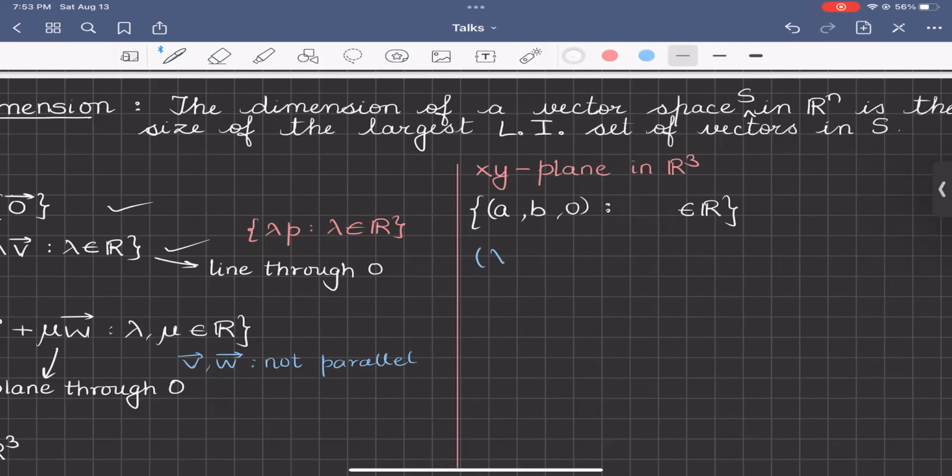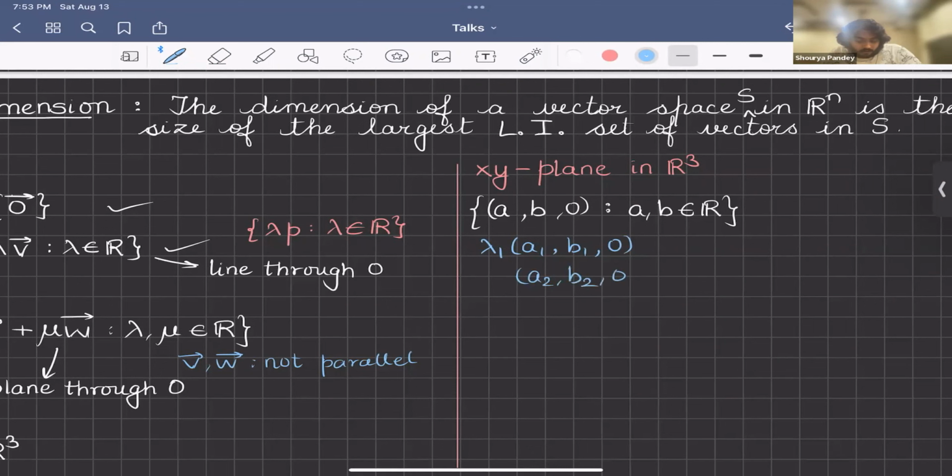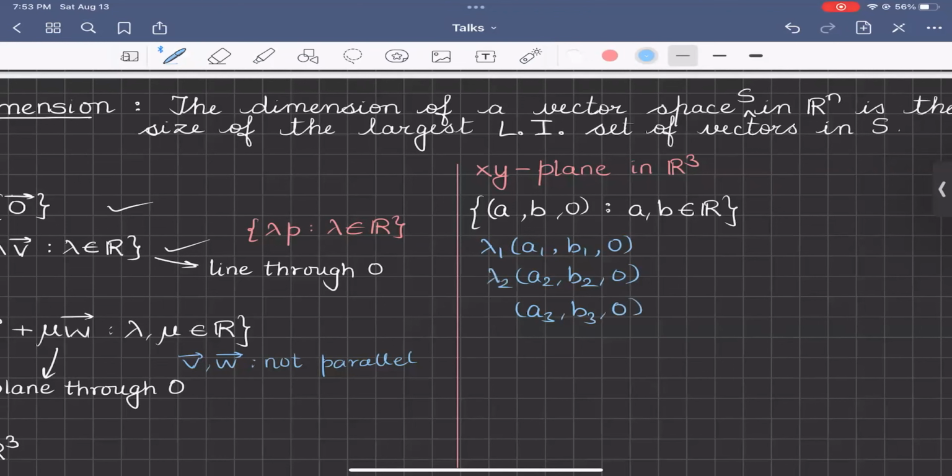Suppose we have three vectors such that there will be 3 variables and 2 equations. You cannot rule out the variables from this. There is an extra variable. Unless the origin and two points are collinear, you cannot.